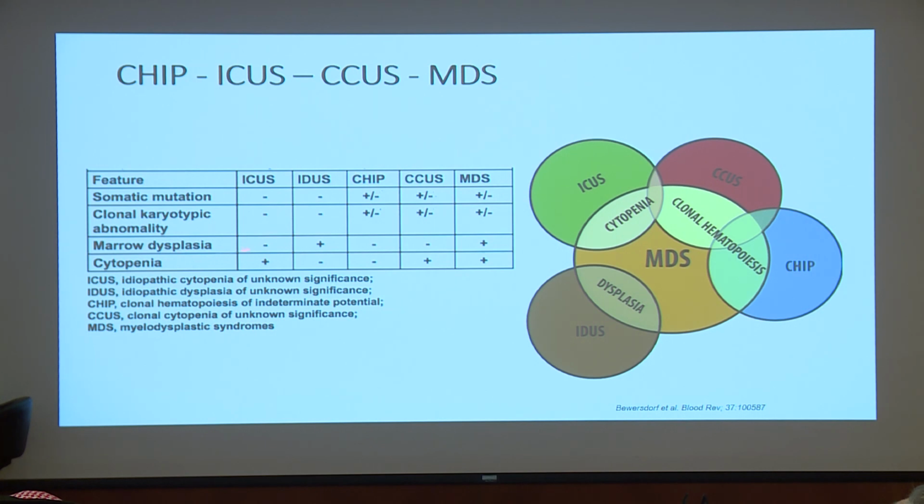They can be subdivided based on the presence of cytopenia, ICUS or CCUS, or in the absence of cytopenia, IDUS and CHIP. Also, they can be classified based on somatic mutation: negative in ICUS and IDUS, and positive in CCUS and MDS, and also CHIP. So again, CHIP is very important to identify while you're evaluating patients with MDS.